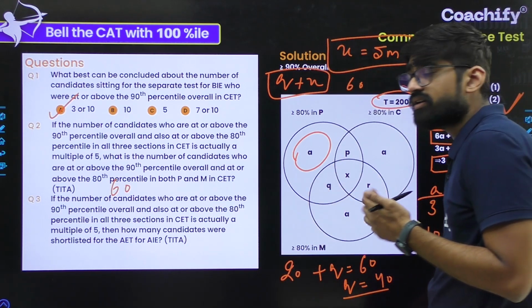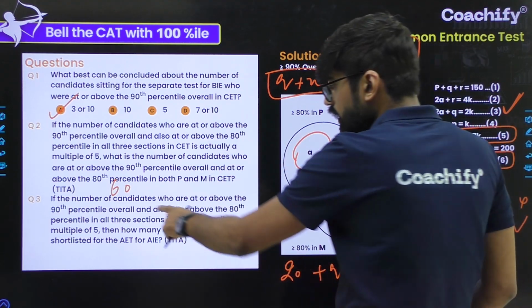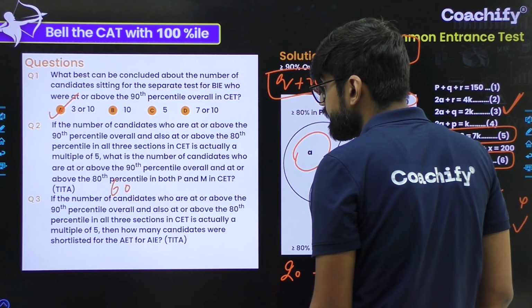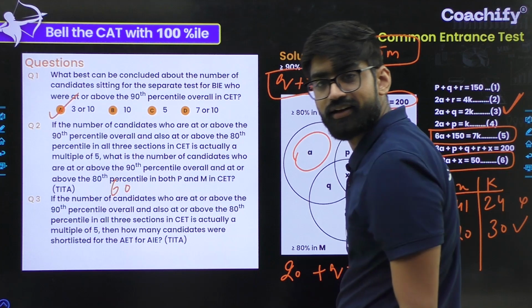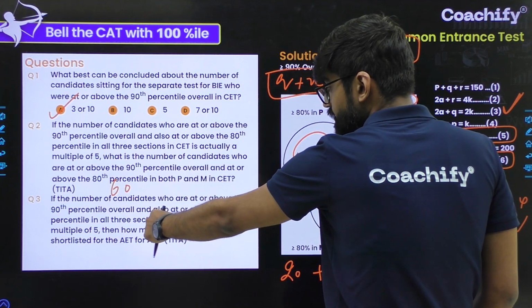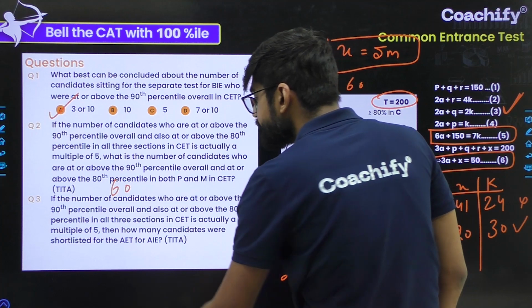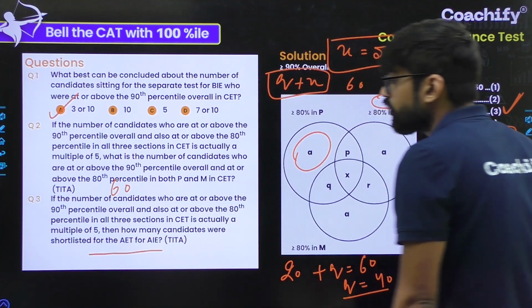So you can see that the 3 questions were very easy, right? So now it says that, and also at or above 80 percentile in all 3 sections in CET is actually a multiple of 5. Okay, so these 2 questions are related, right? For both of the questions, there is one common piece of information, that X is nothing but a multiple of 5. Then it says, how many candidates were shortlisted for the AET for AIE?